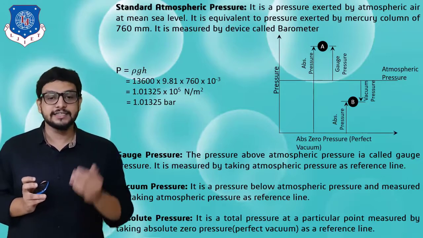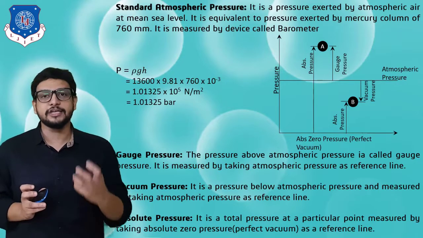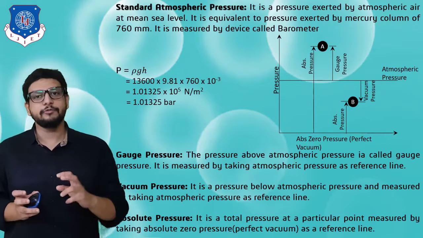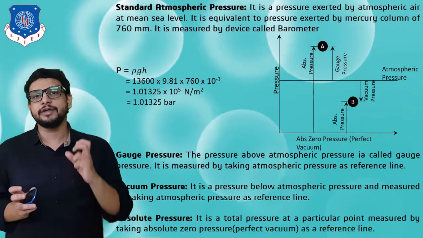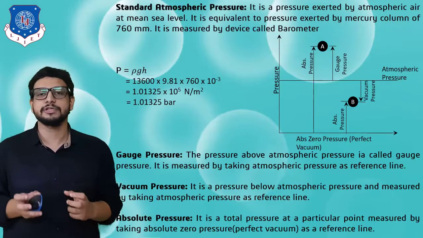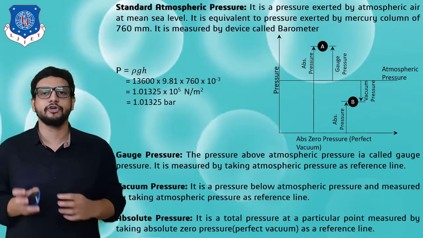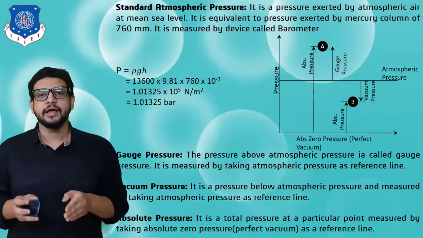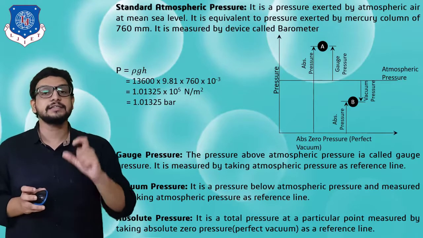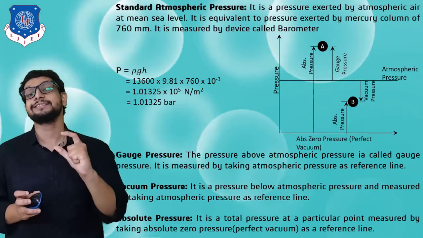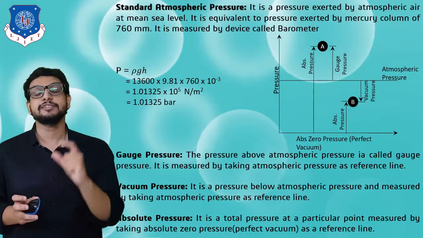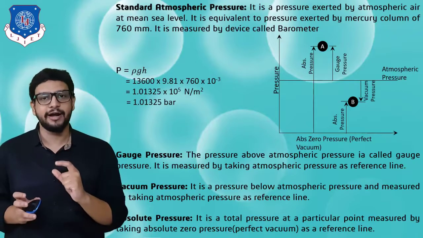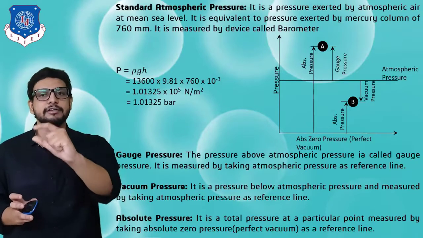Now let's take an example. We know the formula of pressure, P is equal to rho g h. According to that formula, we are placing the value of density of mercury as 13,600 kg per meter cube, g is the gravitational acceleration, that is 9.81, and h is equivalent to 760 mm. Converting mm into meters, as we are working in the SI system, we get 760 into 10 raised to minus 3.